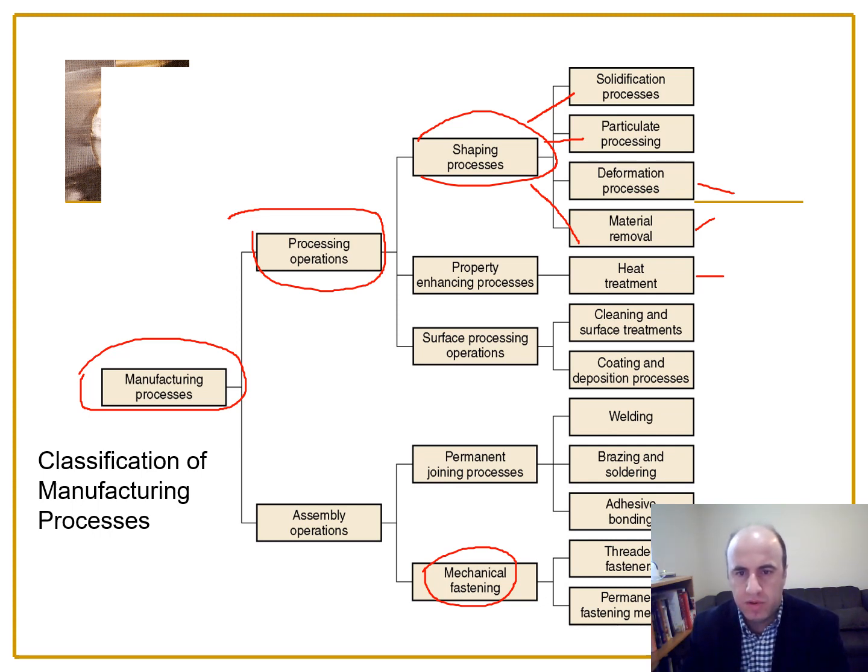In the permanent joining, we have welding, different types of welding, and then we have brazing and soldering, and adhesive bonding, where we use glue to bond two or more materials together permanently. And then we have threaded fasteners in the mechanical fastening, or other types of fastening methods.